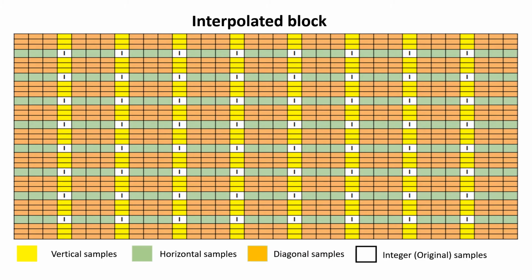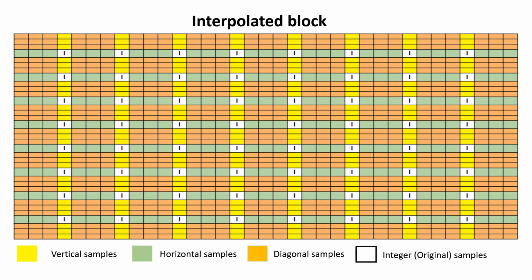So this is the complete interpolated block for 8x8 view. First we interpolate in the horizontal direction. Horizontal samples are shown in green color, vertical samples are shown in yellow color, and diagonal samples are shown in orange color. So first we interpolate in the horizontal direction using integer pixels in the horizontal direction. Then we interpolate in the vertical direction.